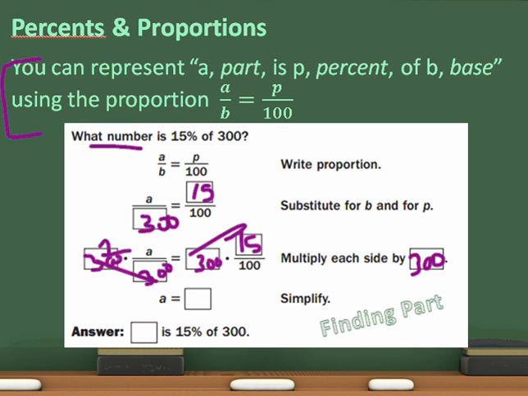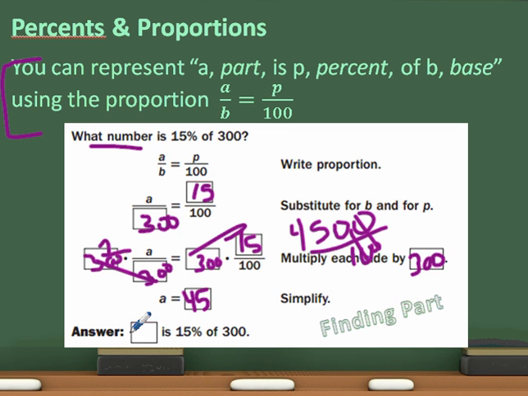Okay, so ladies and gentlemen, when we do that multiplication, we're going to get 4,500, because 300 times 15, and then we divide that by 100, I get 45.